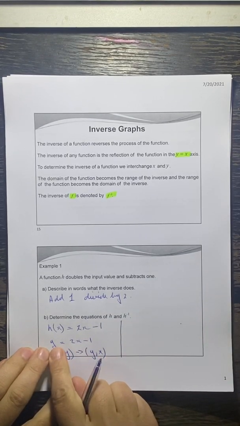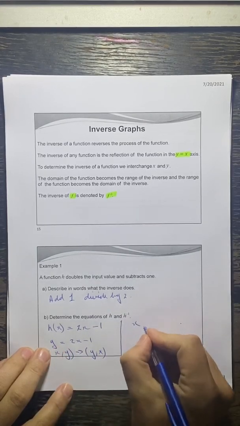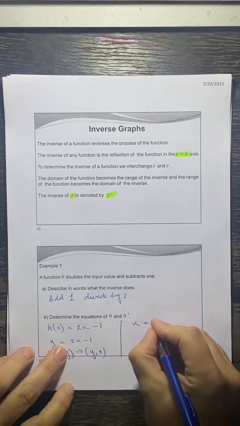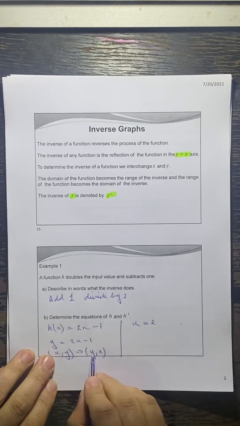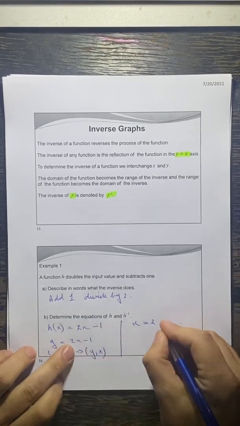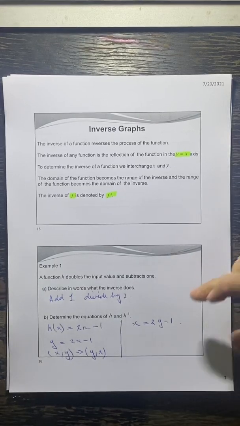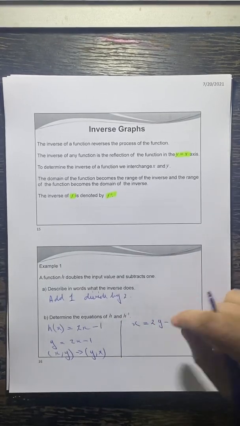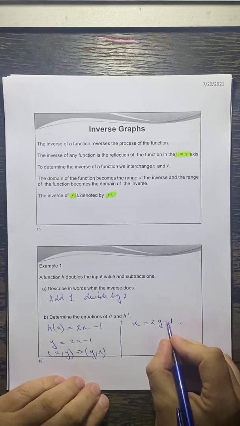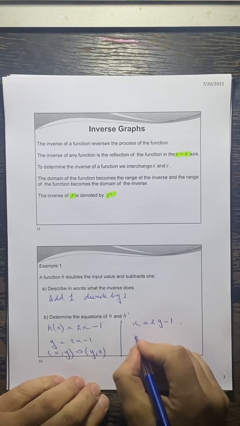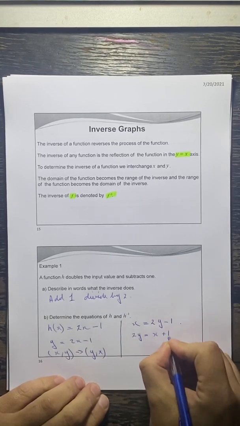I'm working with this one over here. What does the y change to? Well, y goes to x, so that now becomes x equals 2. What does the x map to? X maps to y, so that changes to a y, minus 1. Now we never leave an equation as x is equal to, so I have to get the y on its own. I'm just going to take this to that side, and we get 2y is equal to x plus 1.